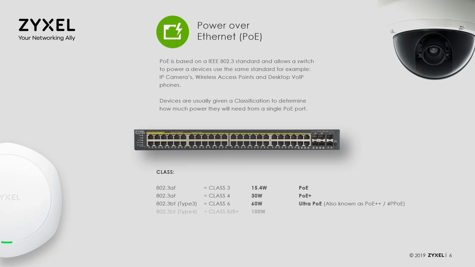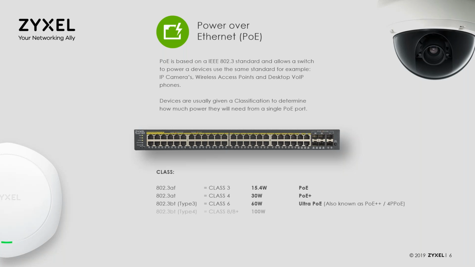And then the BT standard, 60 watts from the switch and 51 watts from the device, also known as Ultra PoE. These types of devices are fairly rare. They are usually heated cameras with motors in them or something like that.